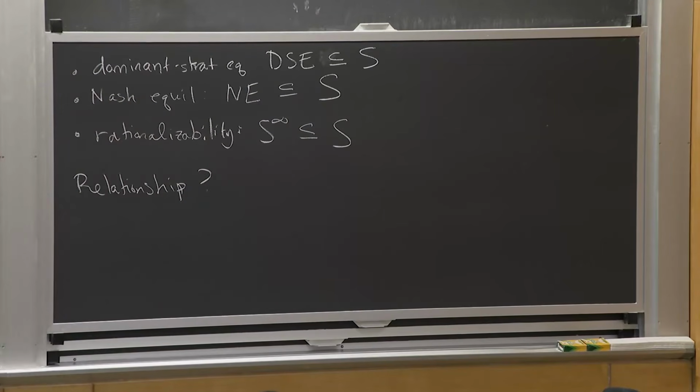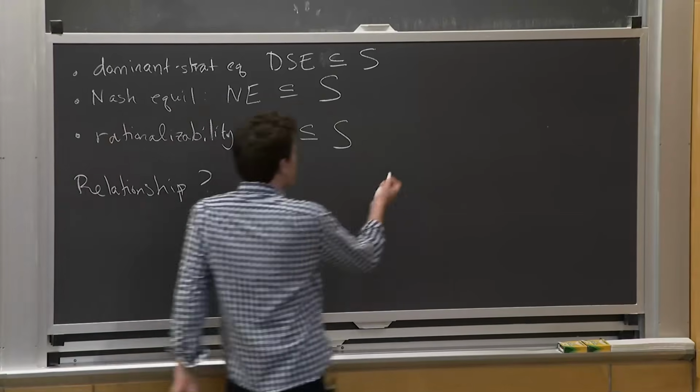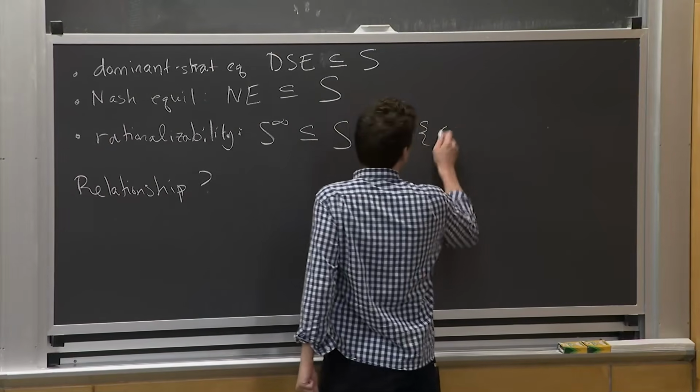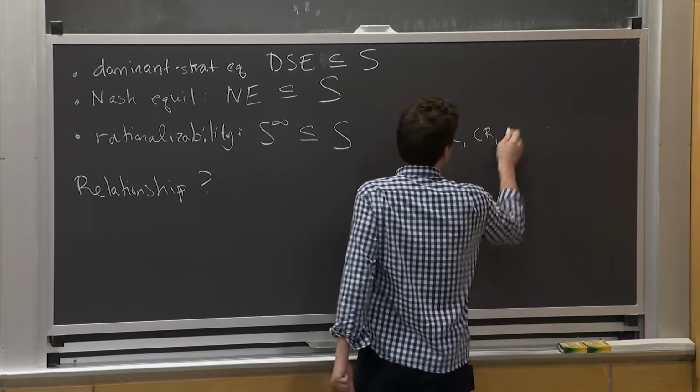Now what we'd like to understand is the relationship between them. If something's a dominant strategy equilibrium, is it a Nash equilibrium? If it's rationalizable, is it a Nash equilibrium? And so on. A good way to get started on a question like this is to work through an example and see if you can get some inspiration from that. So let's look at our BOS example. Here, the set of rationalizable strategies was all four strategies.